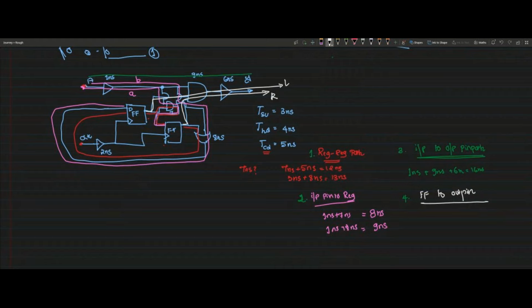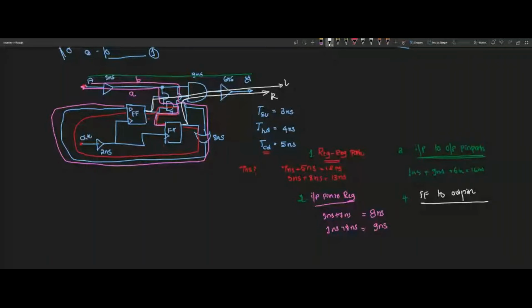The L path delay is 9 nanosecond plus 6 nanosecond, that is 15 nanosecond, plus the flip-flop delay 5, that is 20 nanosecond.